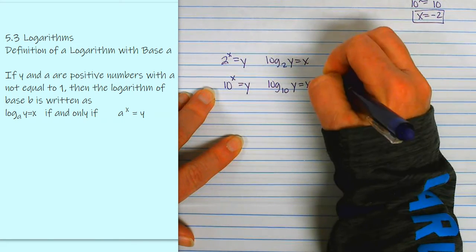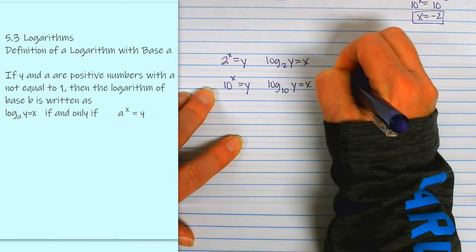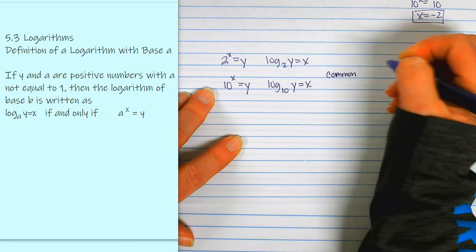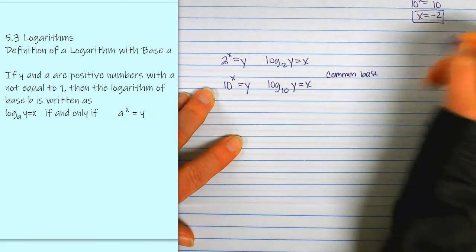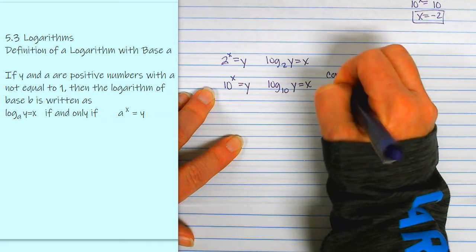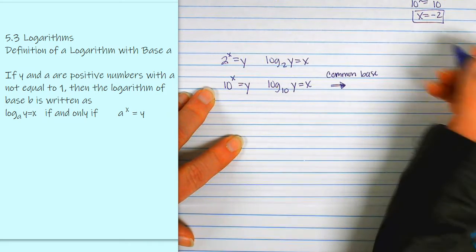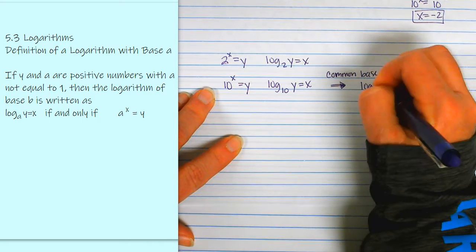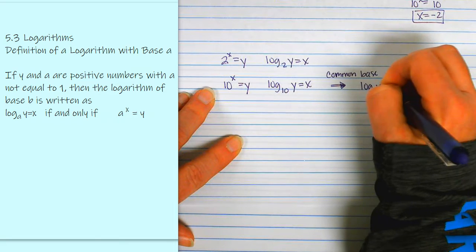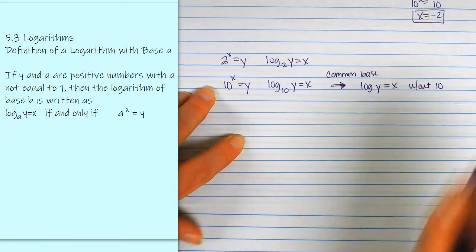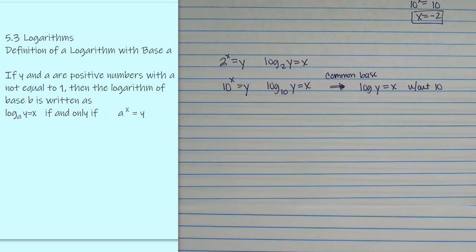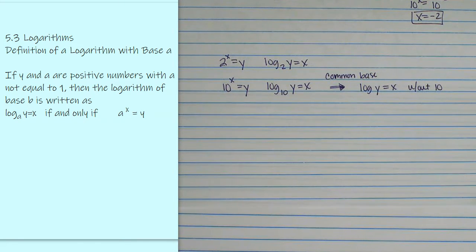Because it's a common base, like pH is log base 10, the mathematician's lazy way to write it is just log of y equals x without the 10. So if you have a problem and there's no base shown, you have to know that it's log base 10.